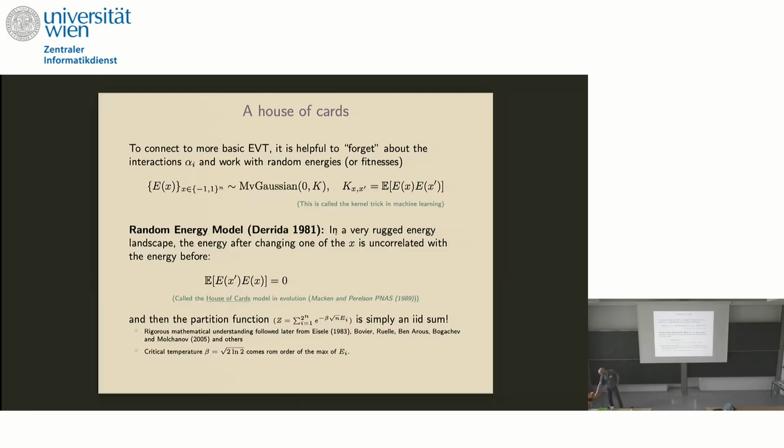And in evolution, because we're talking about biology, they call this the house of cards model. The idea is that it's such a rugged landscape that you make one mutation, boom, the whole house of cards comes crumbling down. You have a completely new fitness. So we've come full circle.